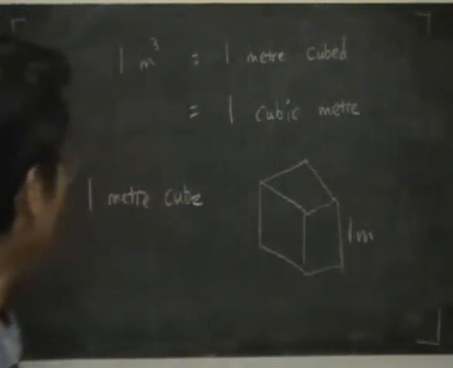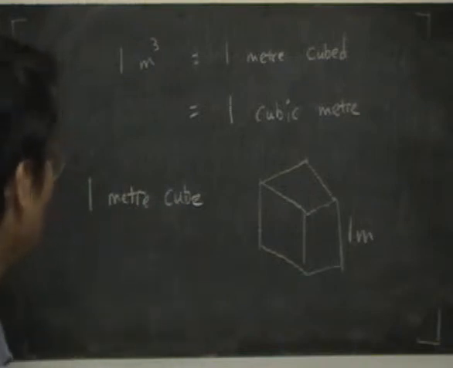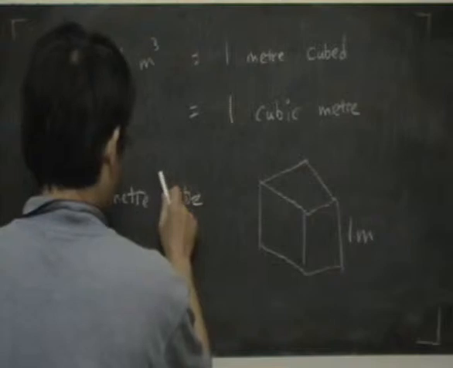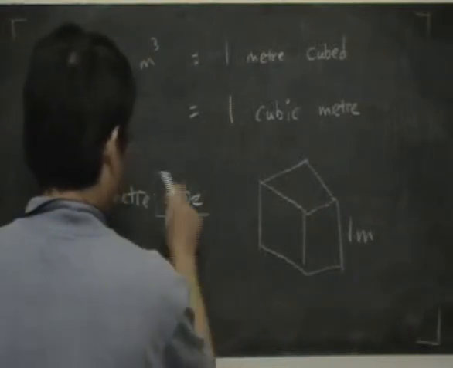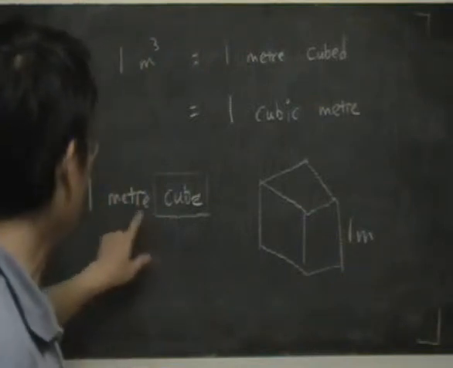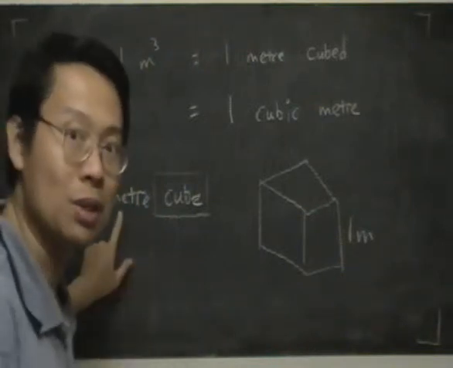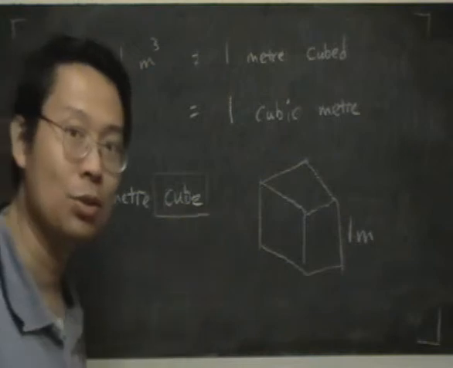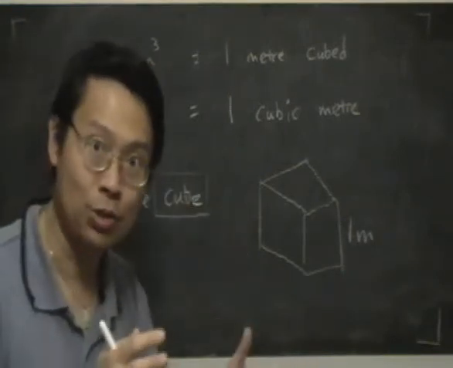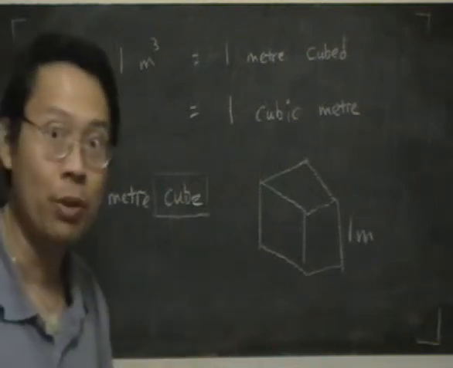So that's the meaning of a 1 meter cube. What it really means is that this is a cube, a cube which has a side of 1 meter. It means that this particular volume has to be a cube.